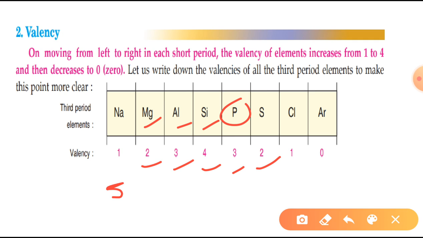So the configuration is 2, 8, 7 and it needs 1 more electron. That's why valency is 1. Lastly, let's talk about your noble gas argon. Argon has a completely filled shell. The configuration is 2, 8, 8. That's why the valency is 0. So you have seen the trend. First it will increase up to 4, then decrease to 0.